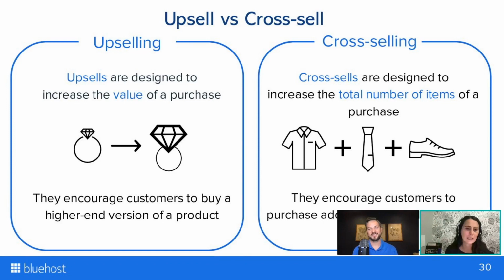Or another way to think about it is buying a flip phone, and maybe you're encouraged to buy the latest and greatest iPhone, or instead of the iPhone 8, the latest iPhone 14 Pro Max, whatever it is. So those are going to increase your average order value when you're utilizing upsells, because they're going to be spending more money. And they don't have to be huge. It doesn't have to be a huge upsell.